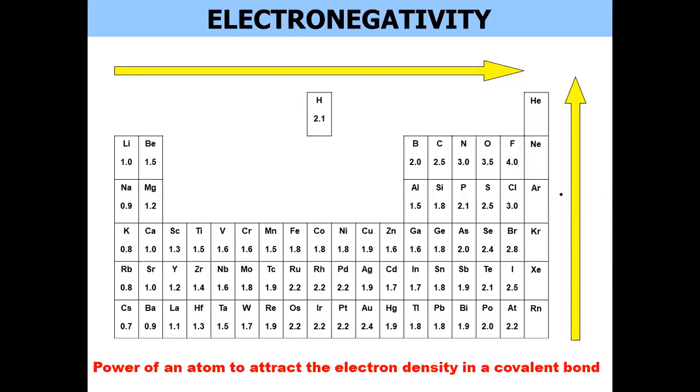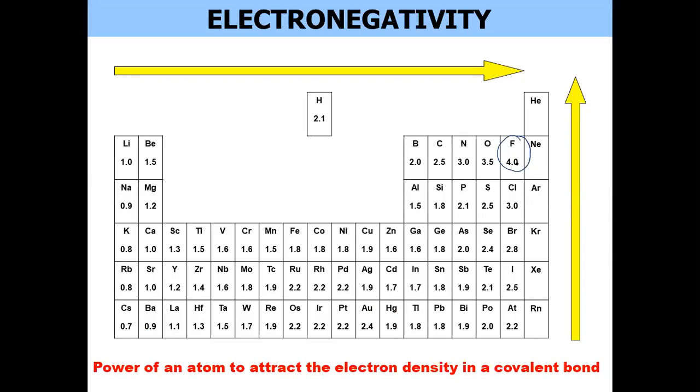And we will cover that in the bonding unit a little bit more. The general trend is that electronegativity, here described by this number, generally increases with some small differences, but the general trend is increasing across the period and also increasing up the group. Why? Do you remember? Because we're talking about attracting electrons.